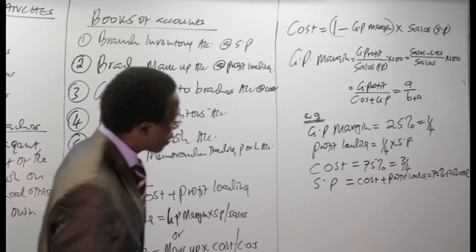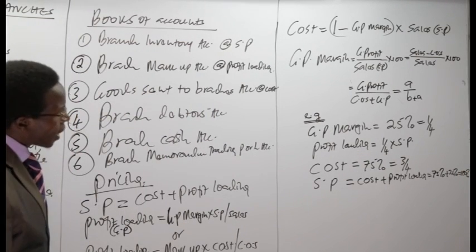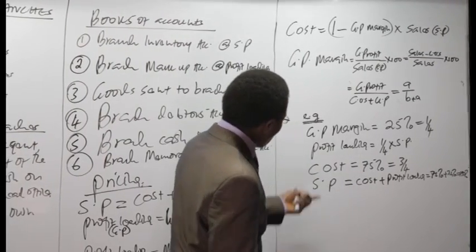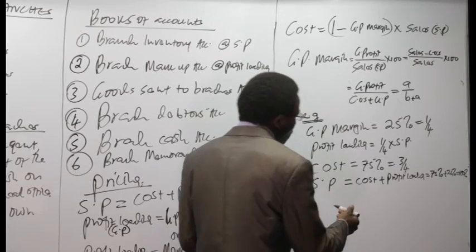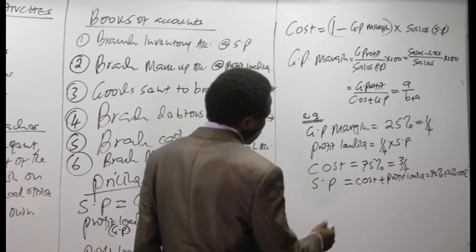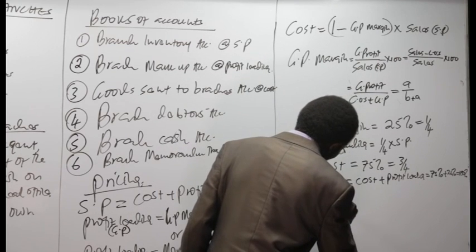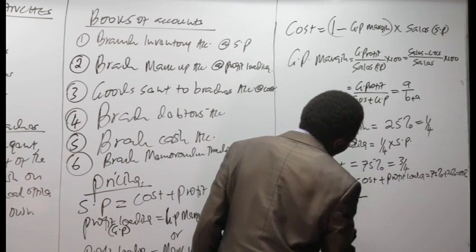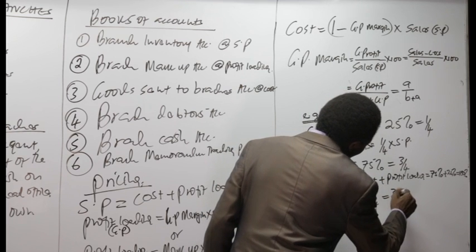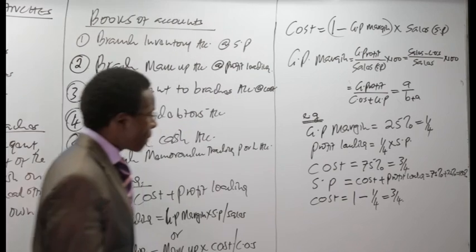That's not so difficult. This profit loading, we must have got it this way. If you want to get your costs, you can simply take 1 minus profit loading, that is 1 over 4, and that's how we get 3 over 4.